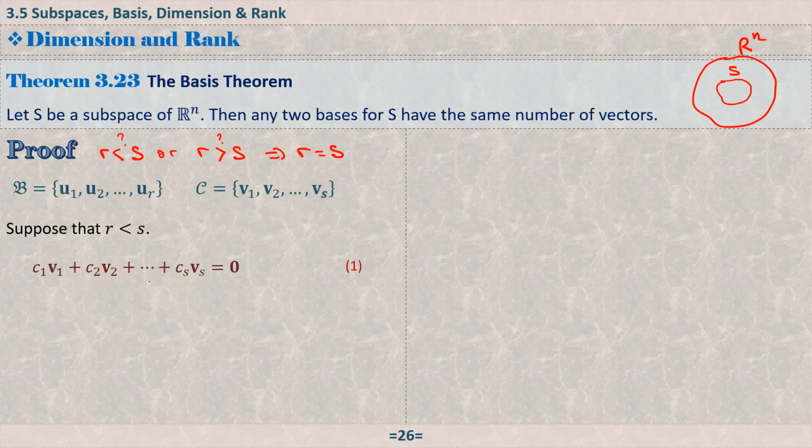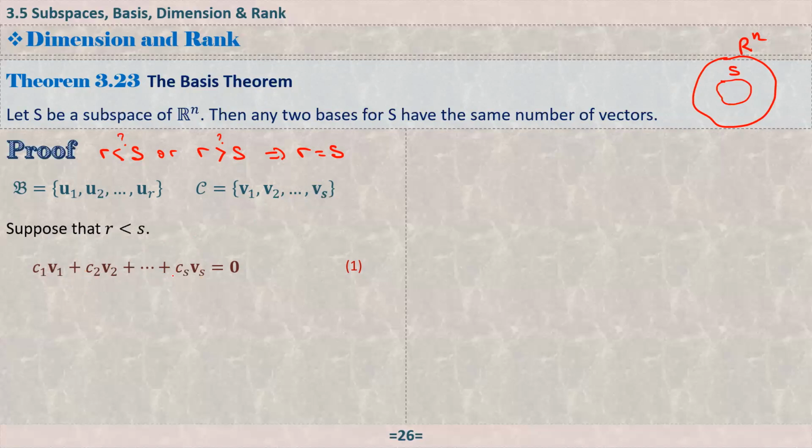Now I'm going to show that it also has a non-trivial solution, which brings us a contradiction, because we are assuming C is a basis. That means v1, v2, ..., vs are linearly independent, and linear independence means the only real numbers c1, c2, ..., cs that take the linear combination of these vectors to zero are zero.